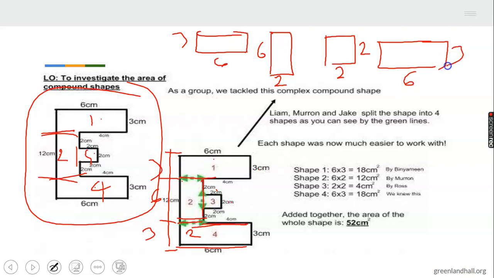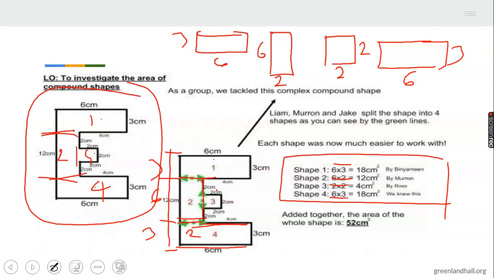6, 3. If you check this very well, this is the first one, 6 times 3. This second one, 6 times 2. The third one, 2 times 2. And the last one, 6 times 3.